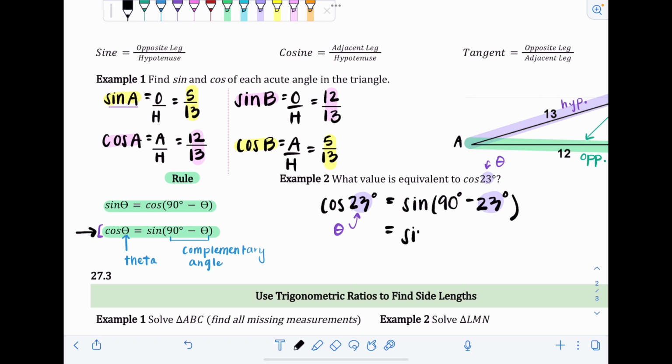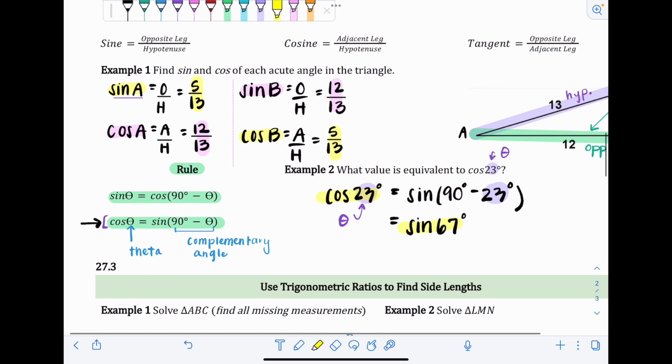So sine of 90 minus 23 is 67, hopefully. I don't know if I'm overthinking that, probably. Yeah, 67 degrees. So sine of 67 degrees. And since we're not subtracting anymore, we don't really need the parentheses. So sine of 67 degrees is equivalent to cosine of 23 degrees. These are equal to each other because sine and cosine of complementary angles are going to be equal.